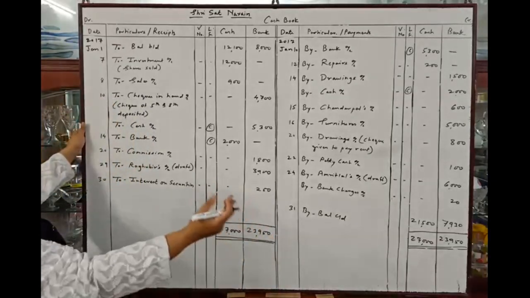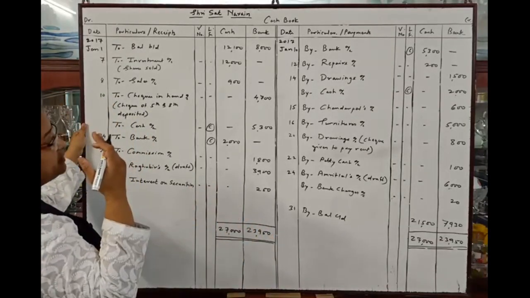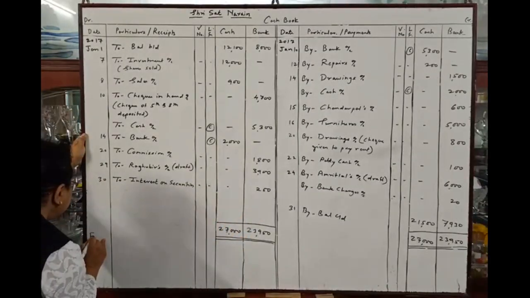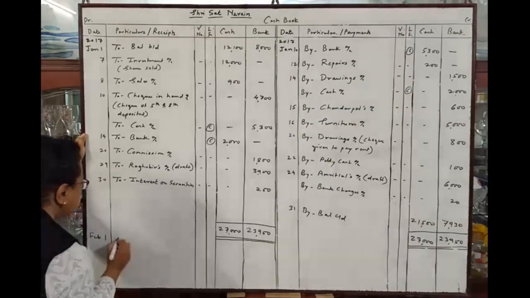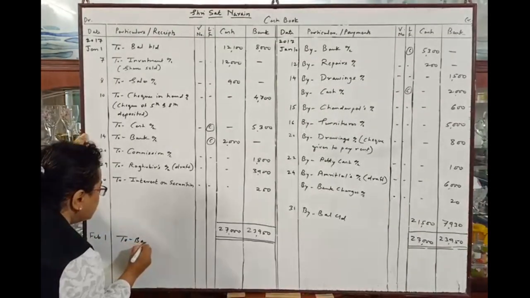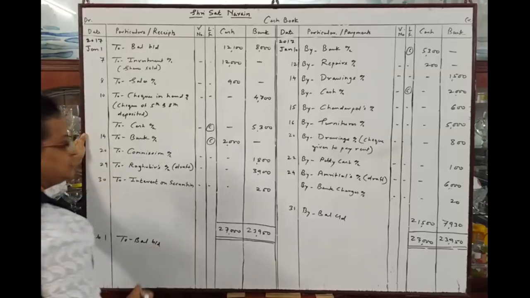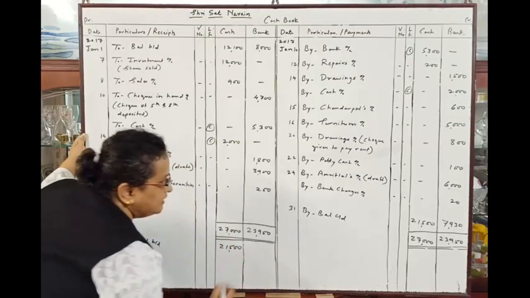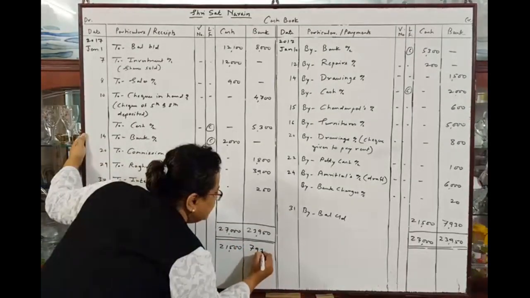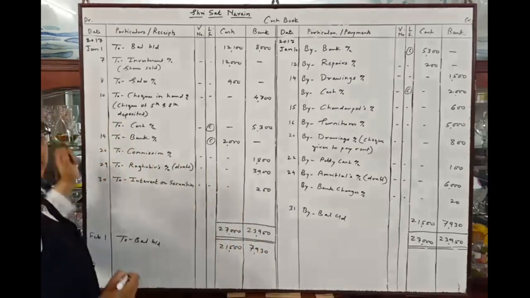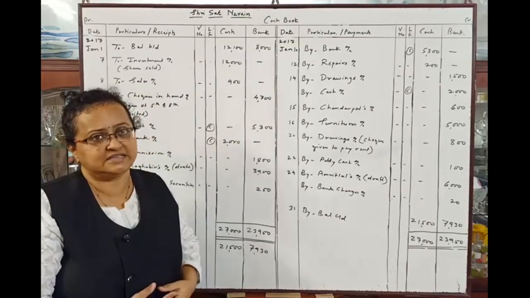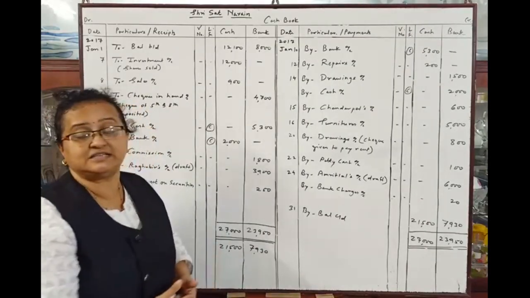This is the closing balance of month of January, and in February this will be the opening balance on February 1st. To balance brought down 21,500 and 7,930.